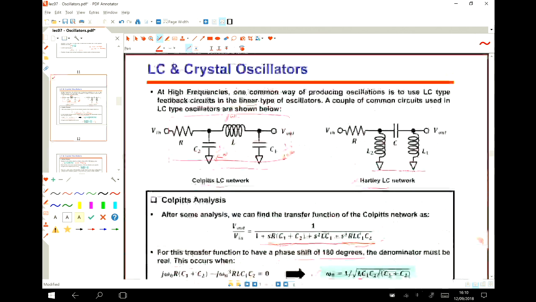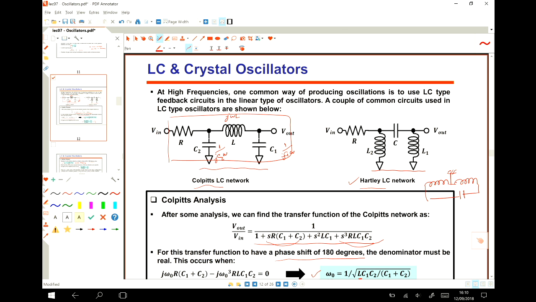So usually we use the Hartley like this. We can look at the Hartley like this. Okay.